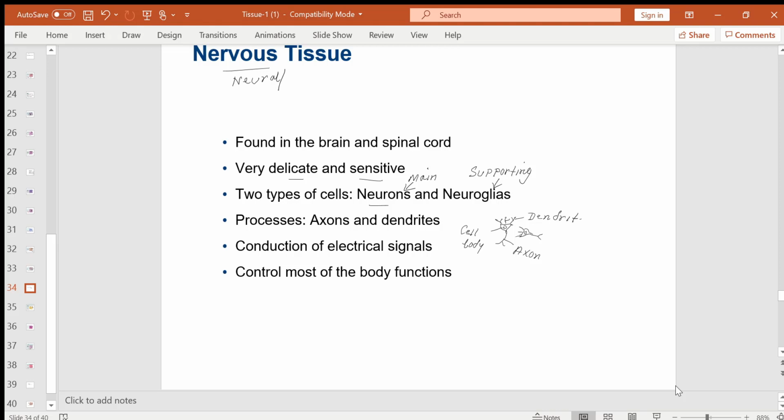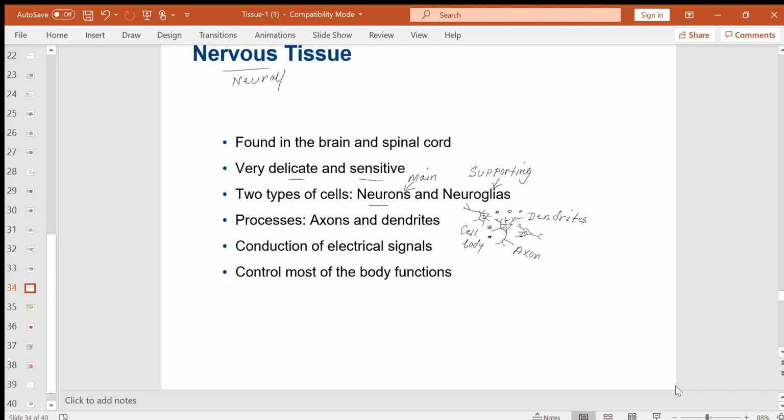Okay, so these are the neurons you'll see in the neural tissue, with the nucleus inside the cell body. Okay, and you'll also see many nuclei of the glial cells.